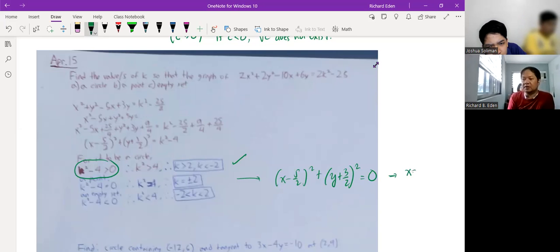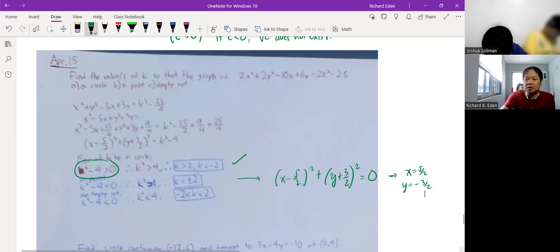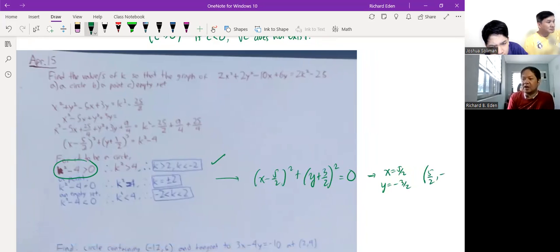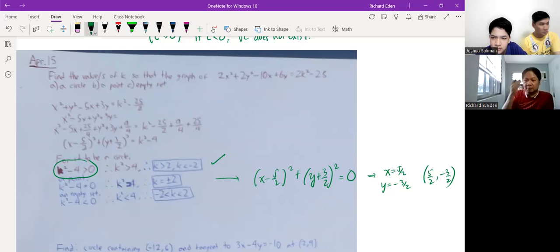So it forces x to be 5 halves and y to be negative 3 halves. If we're forced to admit only one pair of values, x and y, then we end up with just a single point. And in fact, that point is the point 5 halves comma negative 3 halves. So the graph still consists of a point. It's just a single point.